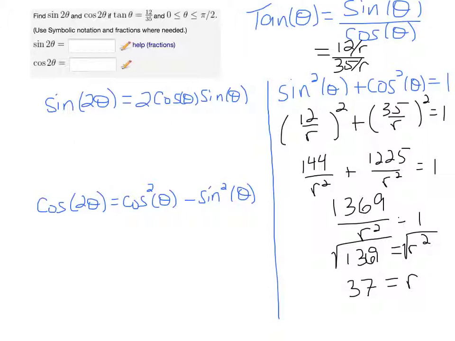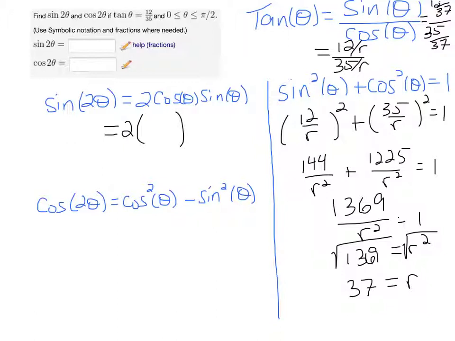Alright, so that means for us that the sine is really 12 over 37, and the cosine is 35 over 37. Now I can just calculate sine 2 theta.